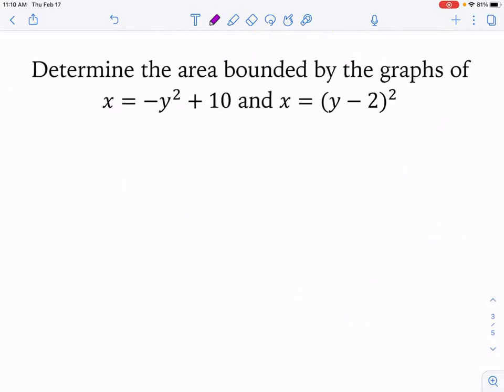Not until you get to calculus 3. Yep. Calculus is the best. All right, write this down. So what does that make me?